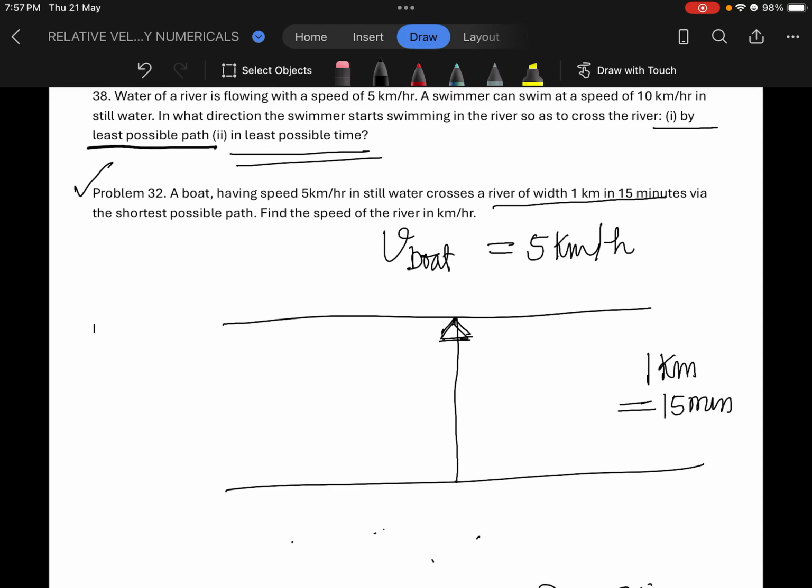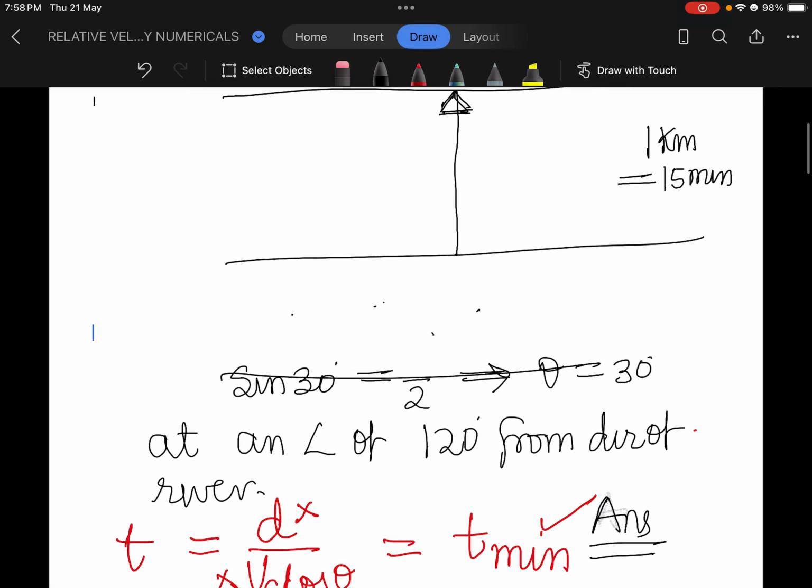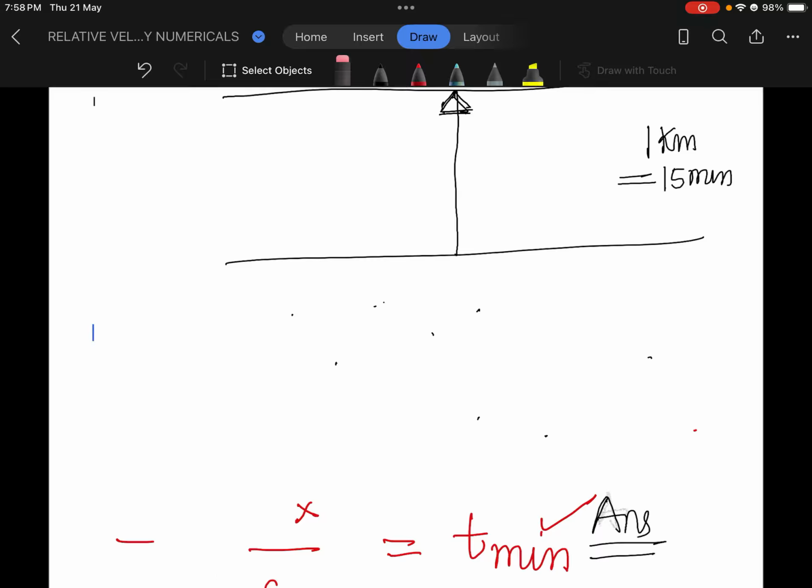You can find it very simply. What is the distance to be covered? It is 1 km. In how much time does it travel this distance? In 15 minutes.